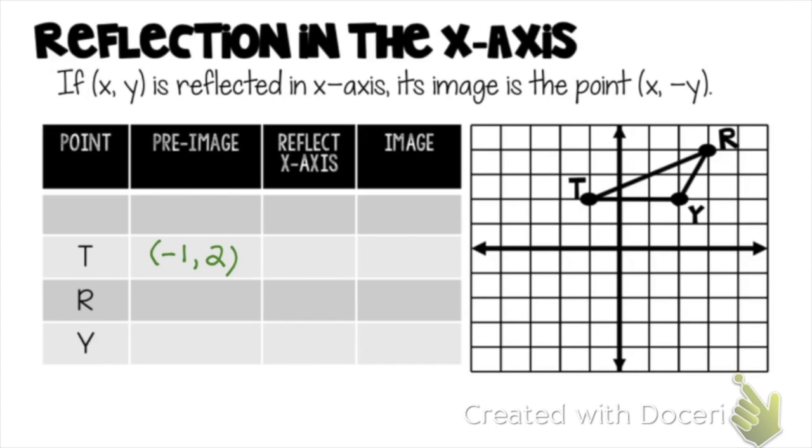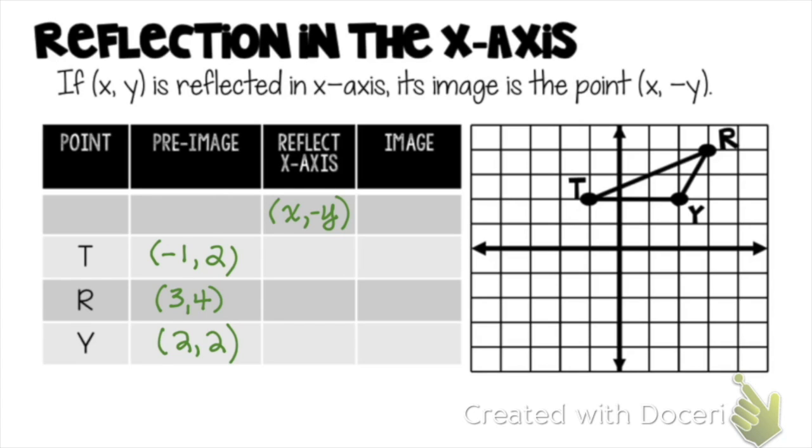R is at the point 3, 4. And Y is at the point 2, 2. So the rule for reflecting across the x-axis is to change the y value to a negative.